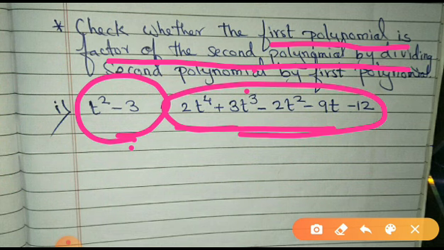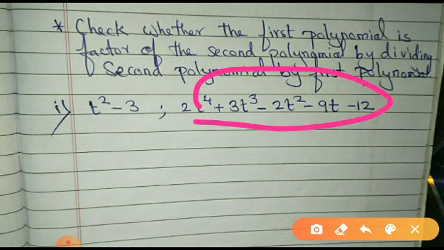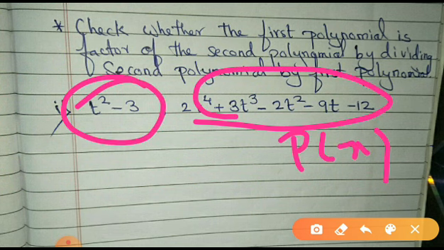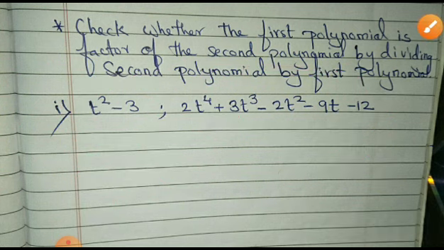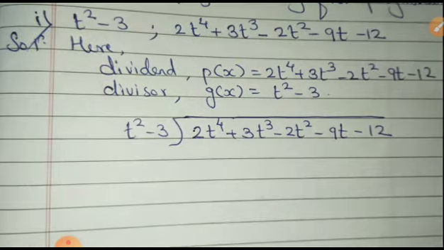This will be my dividend, that is my p of x, and this will be my g of x, that is my divisor.